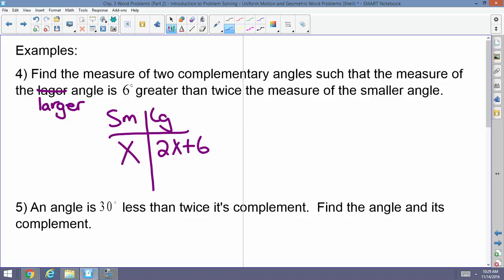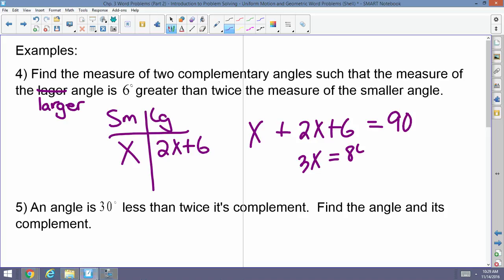If these two are complementary angles, what does the small angle plus the large angle have to equal? Has to equal 90, y'all. So it's just 3x, subtract the 6, equals 84. And x will equal, let's see, it goes in 2, so 28. 28 degrees.